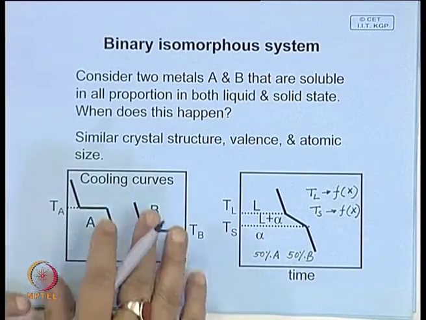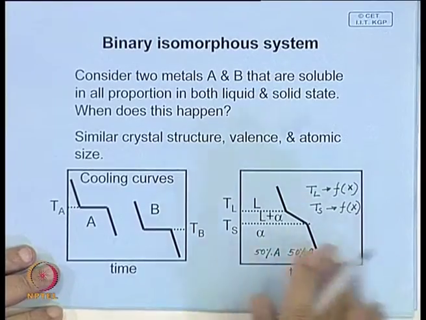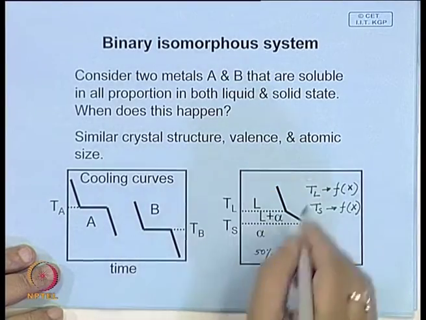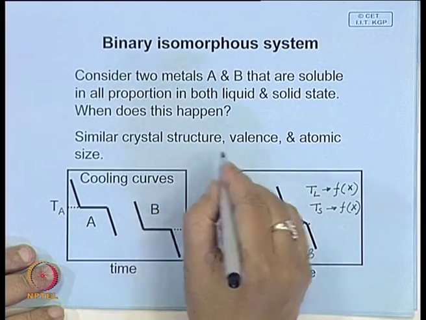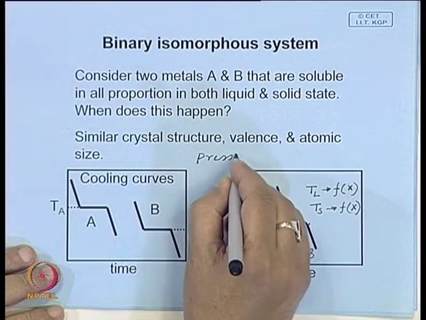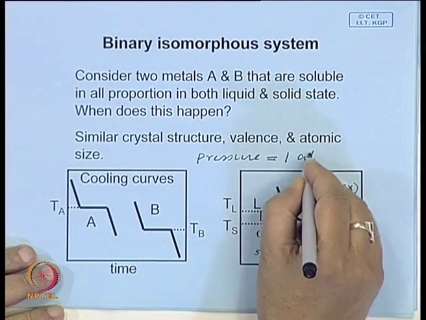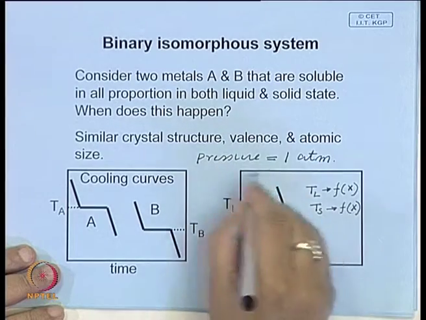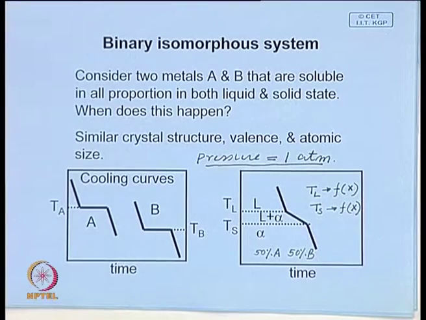Here we conduct the entire experiment at constant pressure, and we will consider that constant pressure to be 1 atmosphere, because most processing will be done at a fixed pressure.